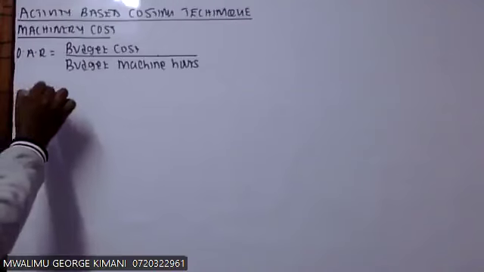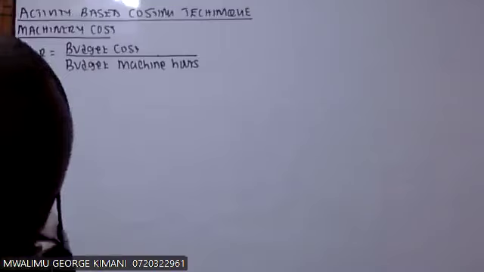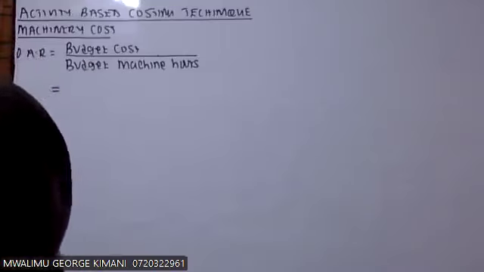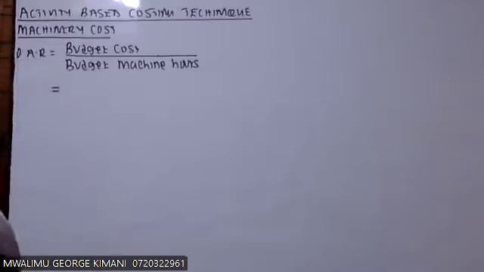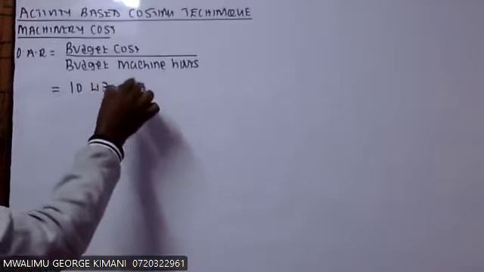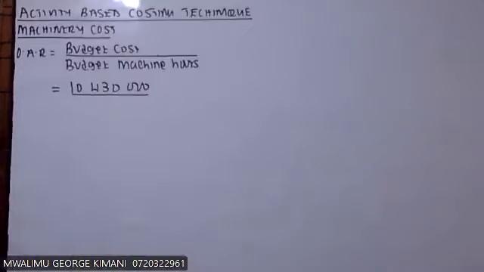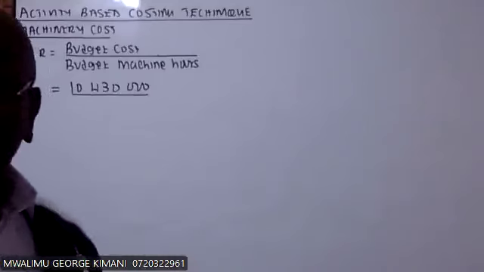So, the budget costs for machinery, as you can see there, is 10,430,000. You divide this by the machine hours. We had computed the machine hours.